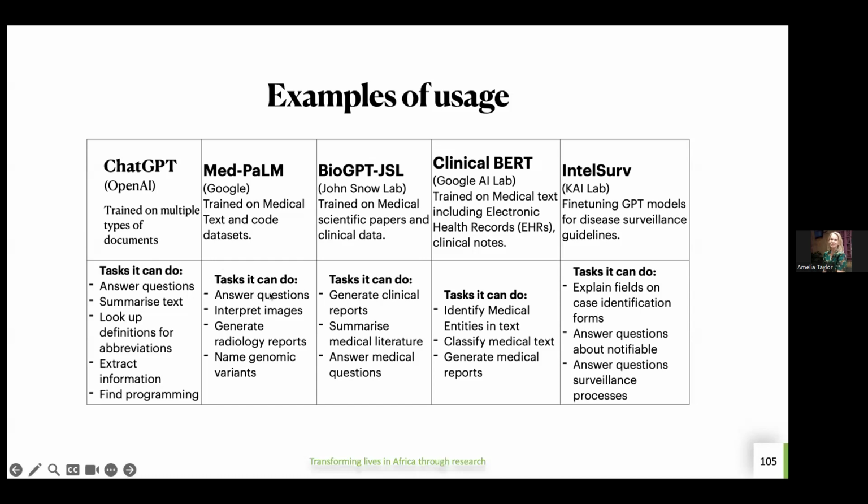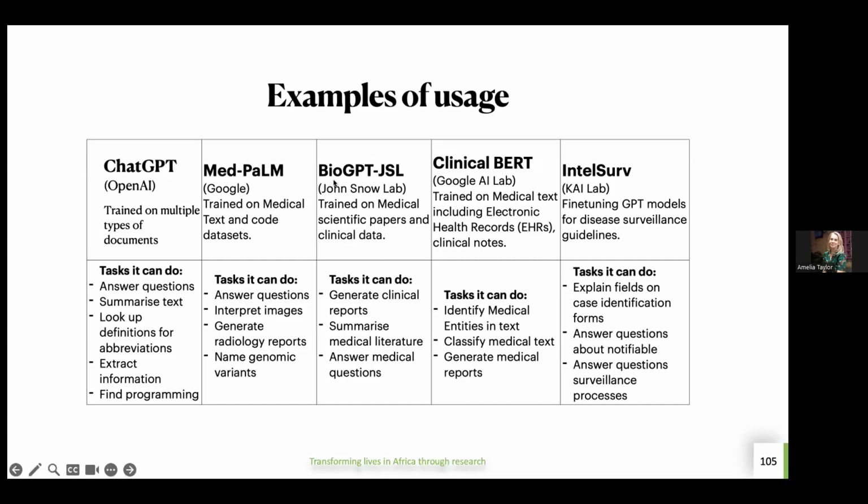It can answer questions about medical text. It can interpret images, so maybe X-rays or something like that. It can generate radiology reports. It can also access genomic databases to give you names of genomic variants and so on. So it's a more specialized language model.